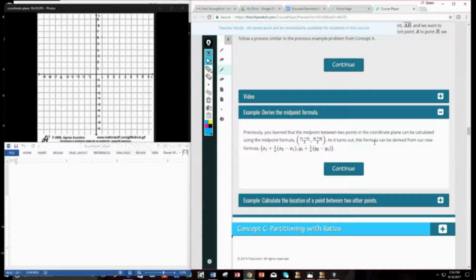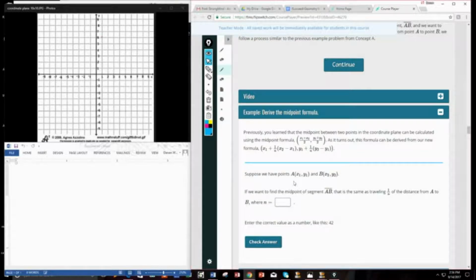As it turns out, this formula can be derived from our new formula, x1 plus 1 divided by n times the quantity x2 minus x1, and the y-coordinate of y1 plus 1/n times the quantity y2 minus y1. Suppose we have points A at x1, y1 and B at x2, y2.